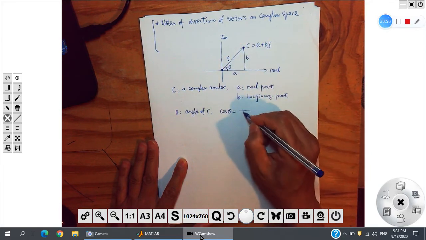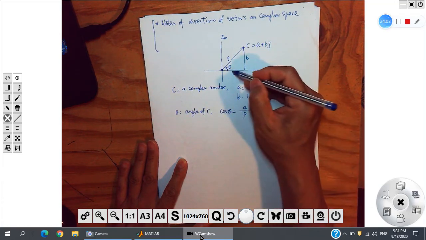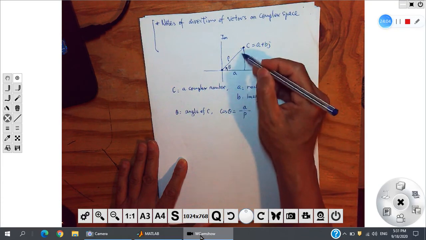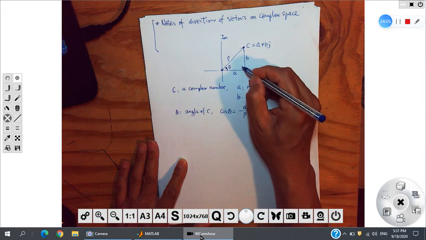A over rho is cosine theta. This is the definition of the cosine.